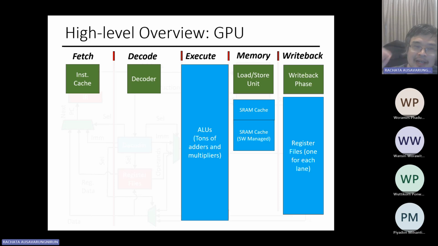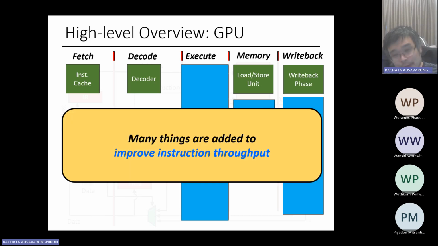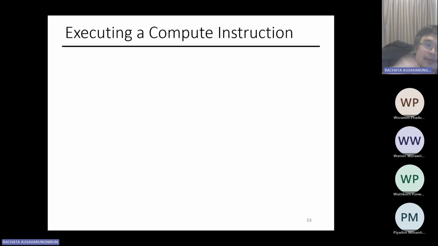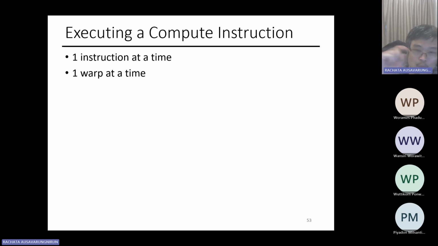These are added not to make one thing really fast. One thing is going to be really slow, to be honest, but you get so many things to run at the same time that your instruction throughput goes through the roof. If you can do a lot of things in parallel, if your program is written in a super data-parallel way, it will be extremely fast. If not, it's going to be extremely slow. Because when you run one instruction in the CPU, it's one operation at a time. But in a GPU, you execute one warp.